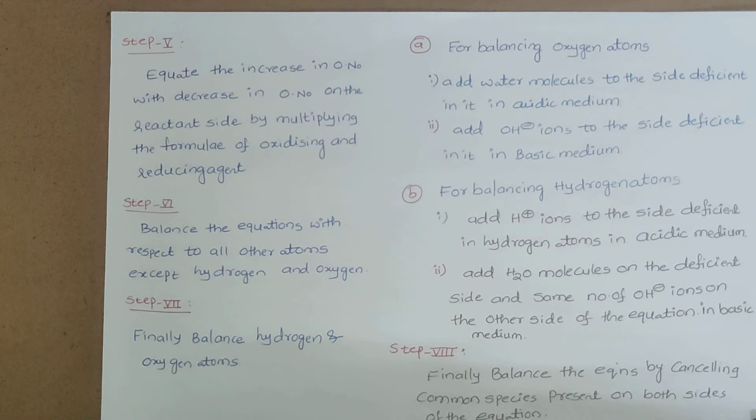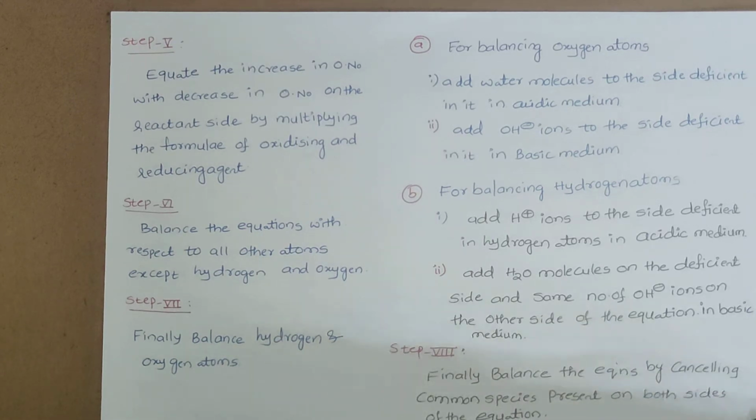The increase or decrease in oxidation number is calculated not per atom but for all the atoms, because sometimes two atoms are present. For example, K2Cr2O7: the chromium oxidation number decreases. How many chromiums are there? Two. Each chromium decreases by 3, so for two chromiums, 6.